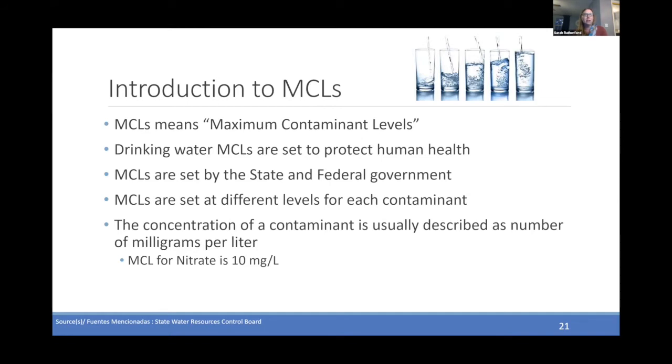MCLs are set at a different level or amount for each potential contaminant, expressed as a concentration of the contaminant, usually described in milligrams per liter. In the case of nitrate, the drinking water standard, or the MCL, is 10 milligrams per liter of water.